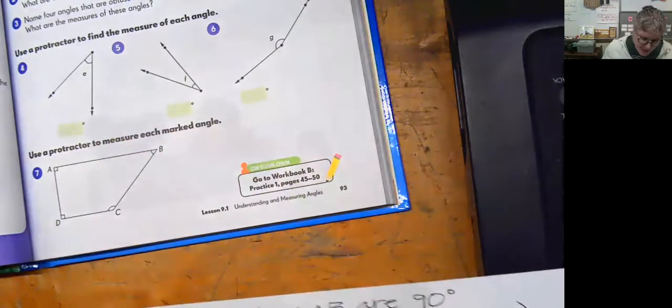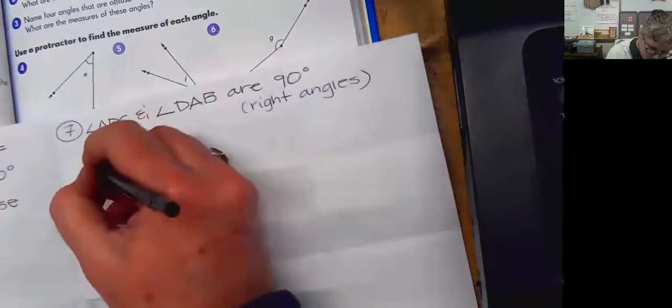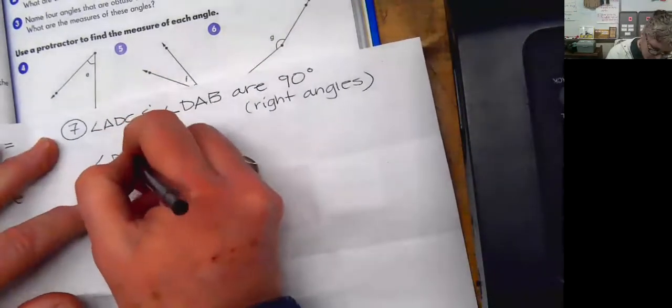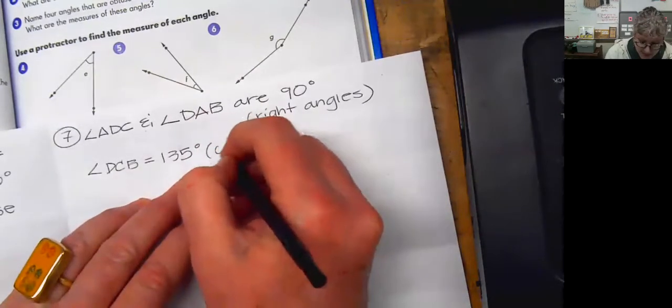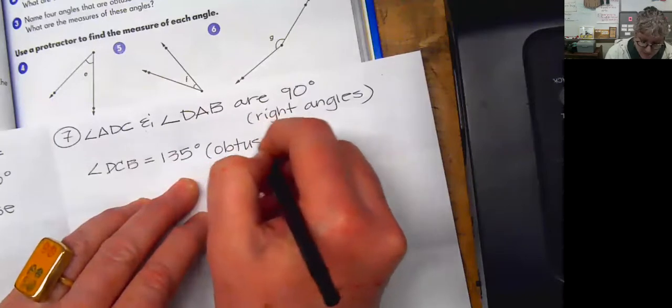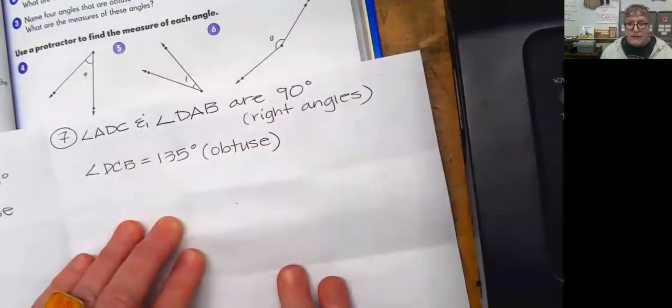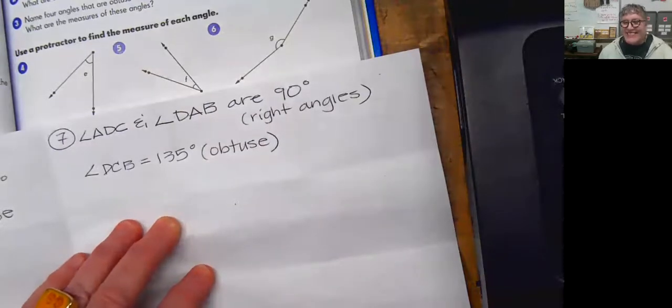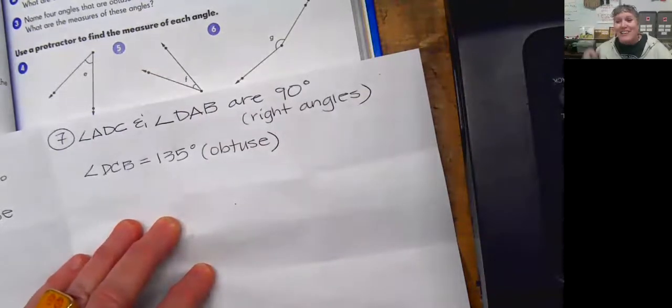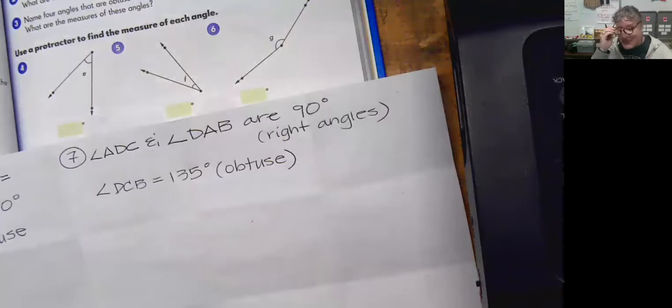So DCB is 135, and I'm going to say that that's obtuse. All right. Love geometry. I'm sorry, I just love doing this. It's really fun. I love measuring angles.